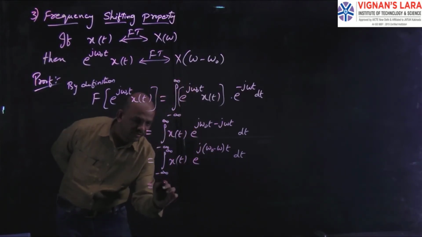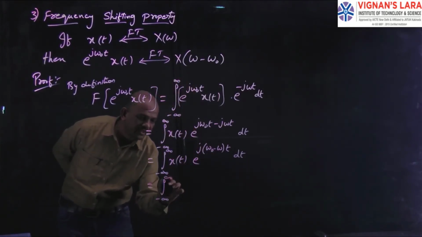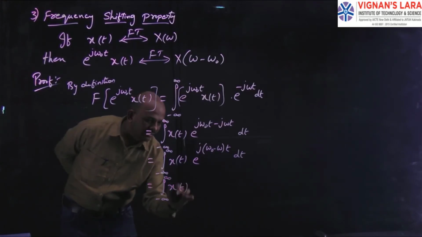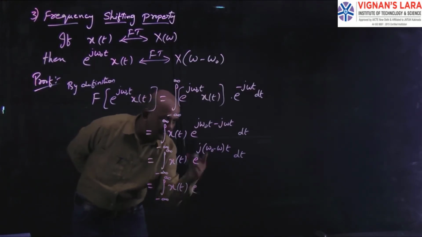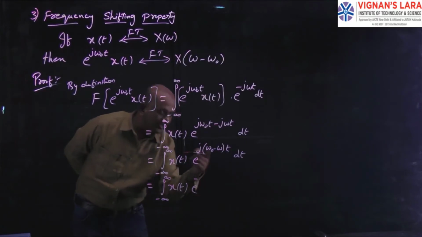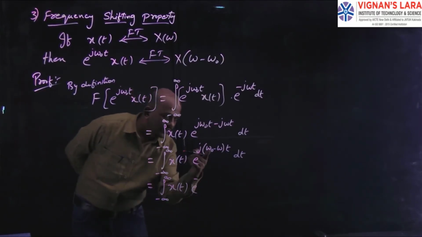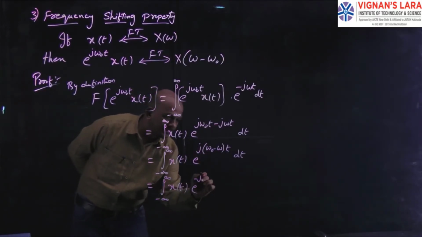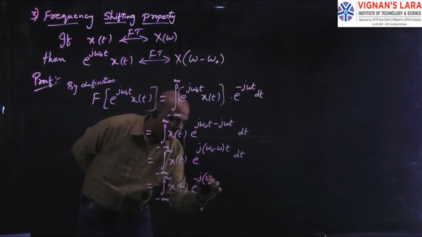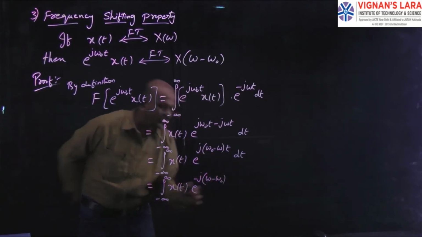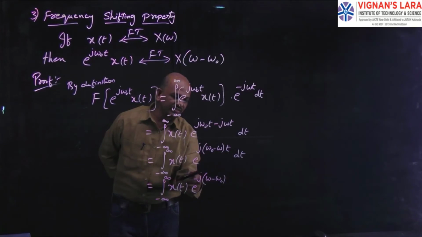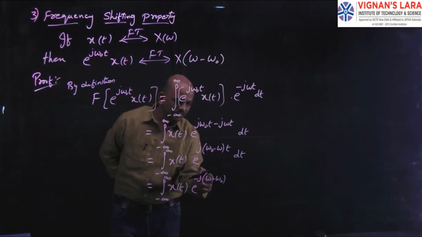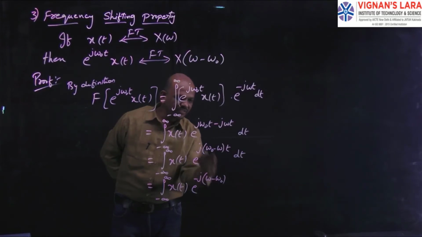That is equal to integral minus infinity to infinity x of t e power, if I take minus as common, minus j. What happens? First I write omega minus omega naught. Why? Because minus into plus omega is minus omega, and minus into minus omega naught is plus omega naught. Minus omega plus omega naught.